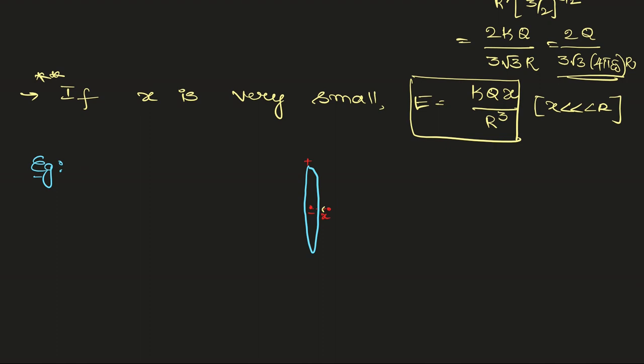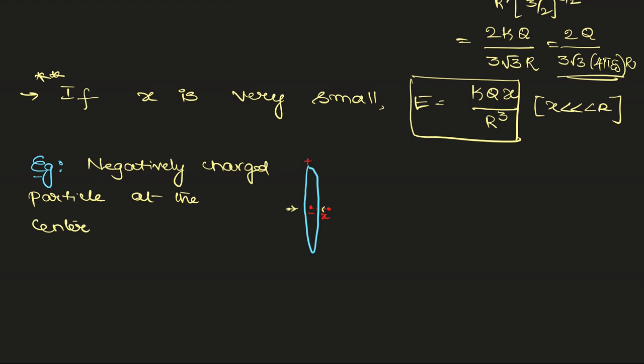It will move towards the center, and again due to inertia it will move towards the other side, and again it will move towards the center, so that this negatively charged particle at the center performs simple harmonic motion if it was given a small displacement.